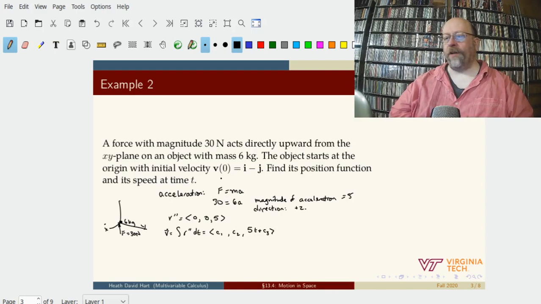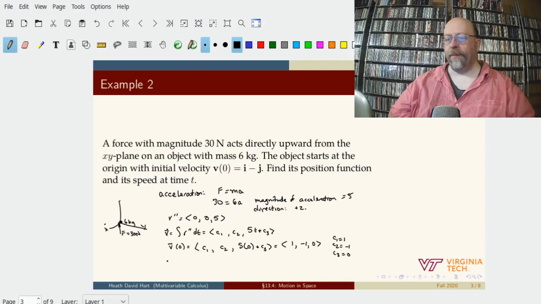And we're told at time 0, c1, c2, 5 times 0 plus c3 is equal to i minus j. And so c1 is equal to 1, c2 is equal to negative 1, and c3 is equal to 0. And so our velocity is 1, negative 1, 5t.